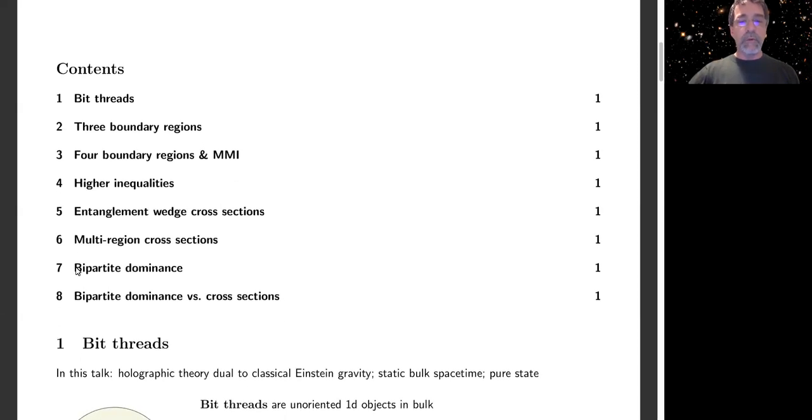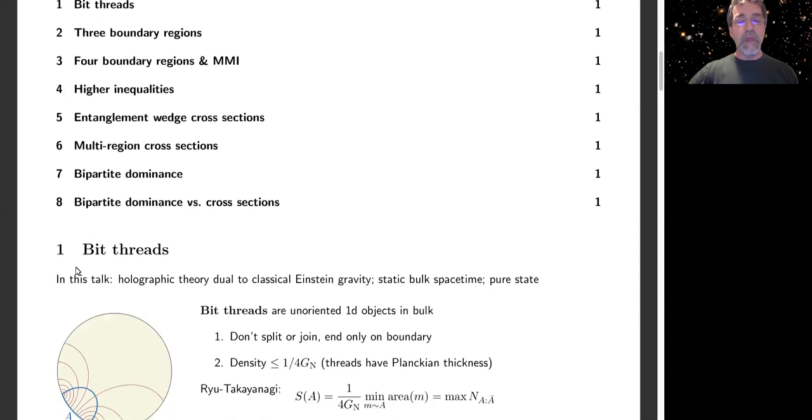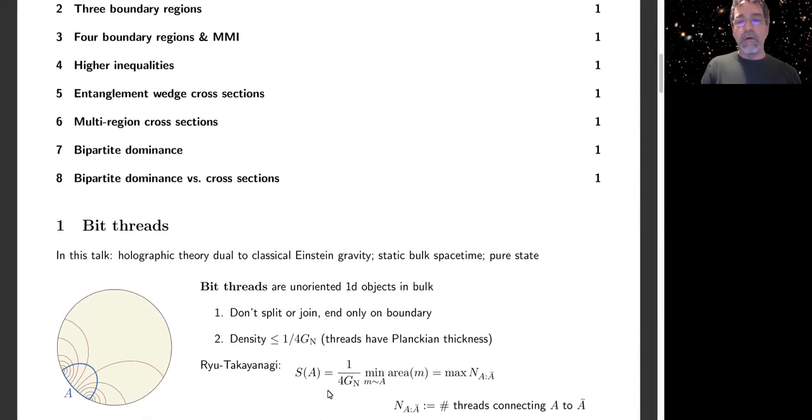So we're in a setting where we can apply the Ryu-Takayanagi formula, and here it is at the bottom. We just have a mathematical rewriting of this formula in terms of bit threads. A thread is a one-dimensional object. In this talk, it'll be unoriented. One can keep track of orientations, but I don't need to.